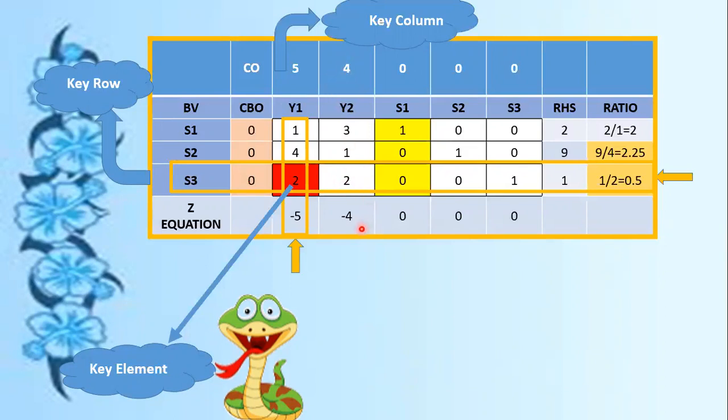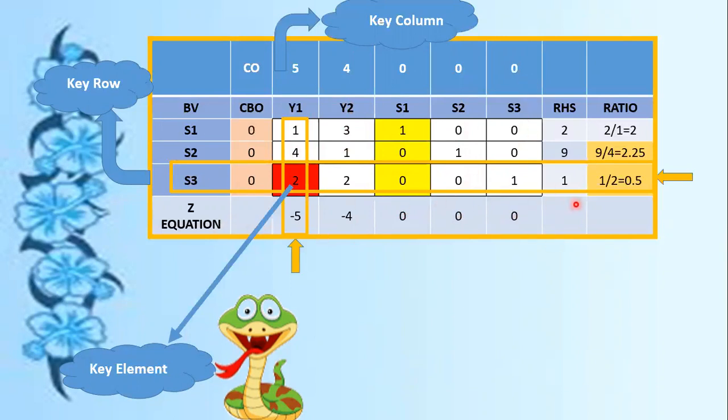So it is minus 4. Then 0 into 1 plus 0 into 0 plus 0 into 0 is 0, minus 0 is 0. Again here everything multiplied by 0, minus 0 is 0. Again 0 minus 0 is 0.